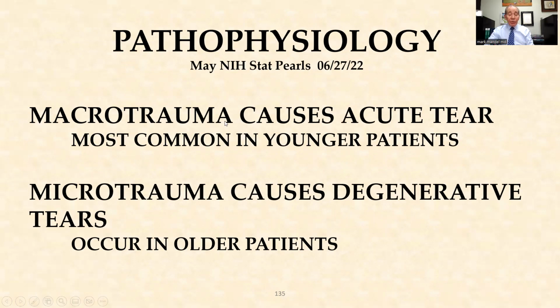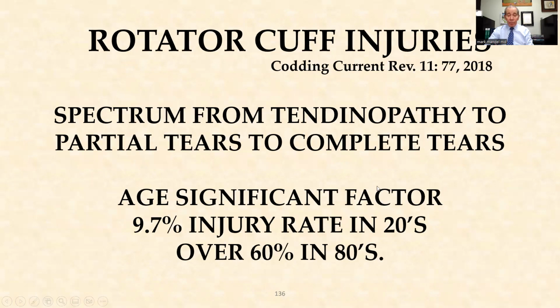So who will get an acute tear? Well, with major macro trauma, you can see a complete tear, mostly in younger patients, but in patients that are middle age or older, it's almost always micro trauma, or things that occur over a period of time, that was the problem. Now, Dr. Cotting, in reviewing rotator cuff injuries, noted there's a whole spectrum from tendinopathy to partial tears to complete tears.